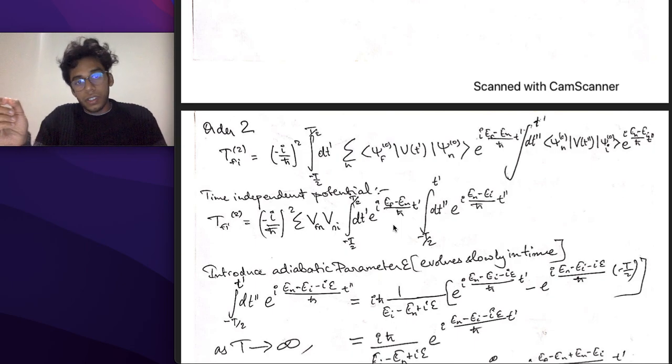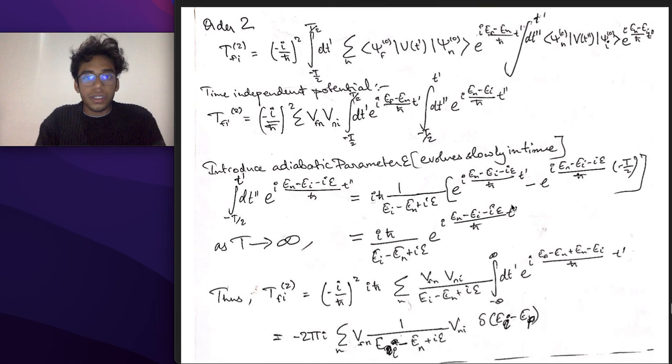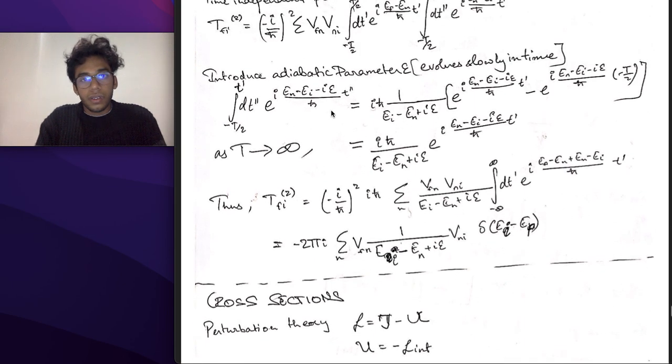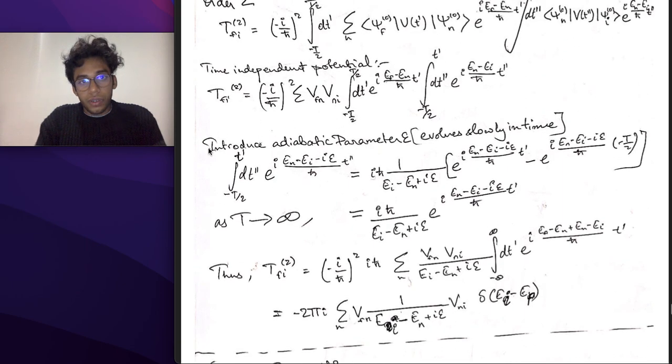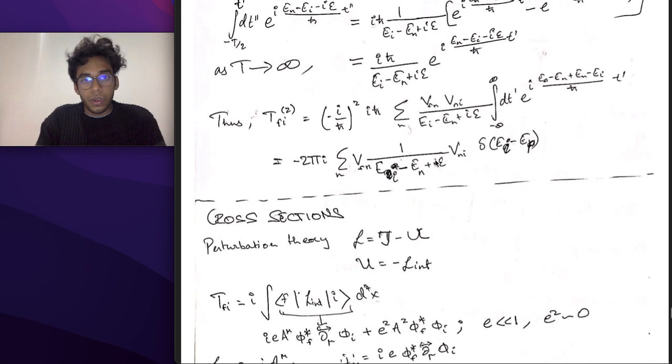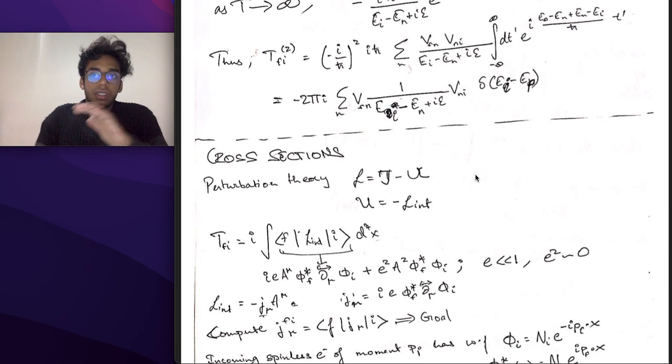Whenever things start making no sense, you need to round it up, either to grow in a very small manner, or to be bounded, or not to vary at all, etc. For higher orders it gets much more complicated than this, but for second order you introduce an adiabatic parameter, and you get the transition amplitude for this.